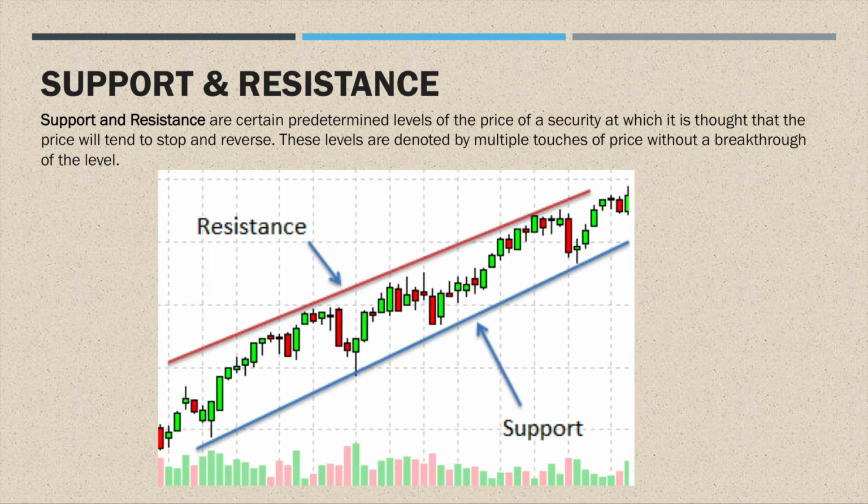So you will also notice that if the stock is trending, the previous example was a consolidation phase where the stock was going sideways, but support and resistance come into play even when the stock is trending. Whether it's going up or down, it doesn't matter. So in this example, you will see the stock is going up in a channel, so it's in an uptrend, but the price is still bouncing between these two imaginary lines of support and resistance.